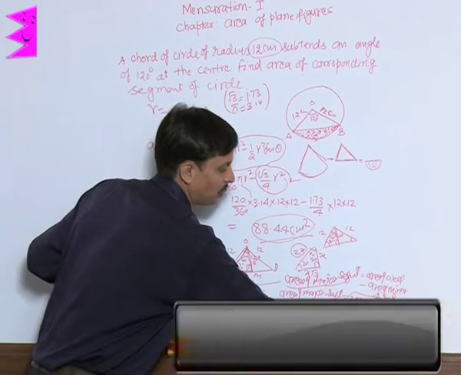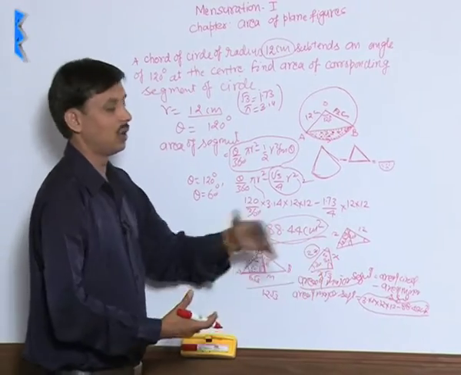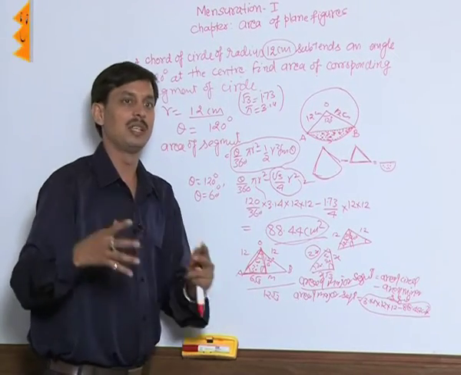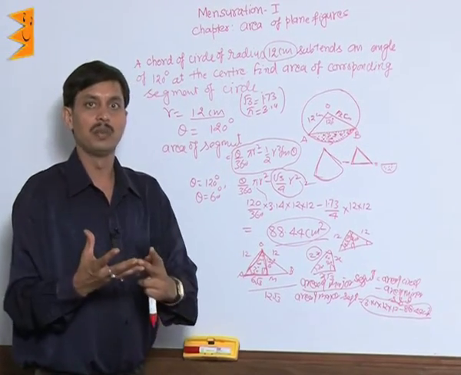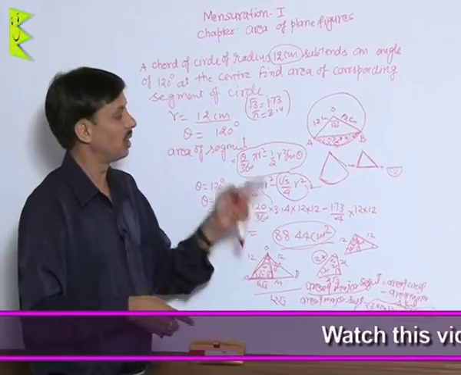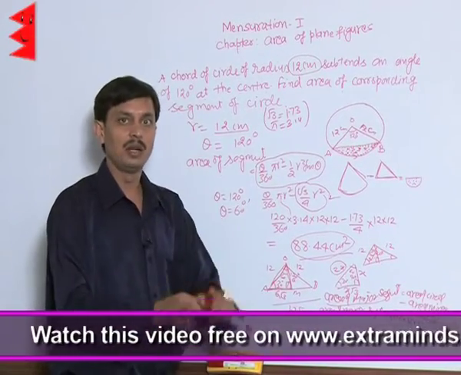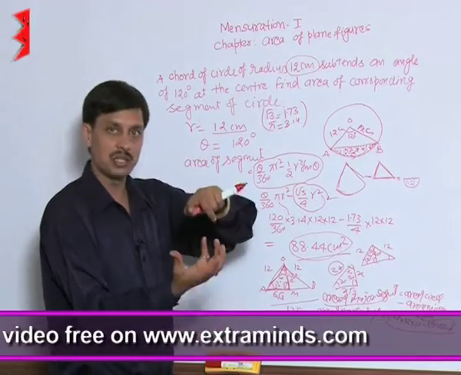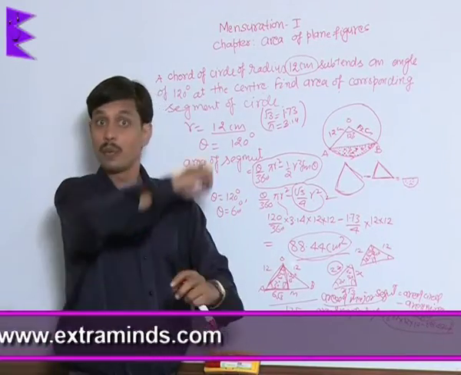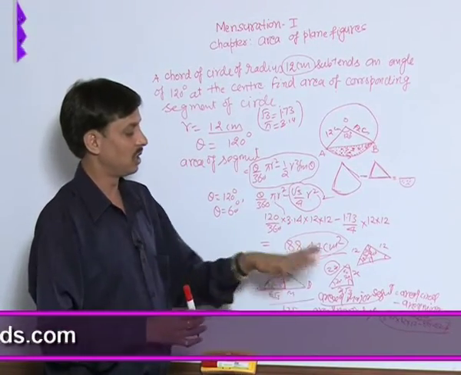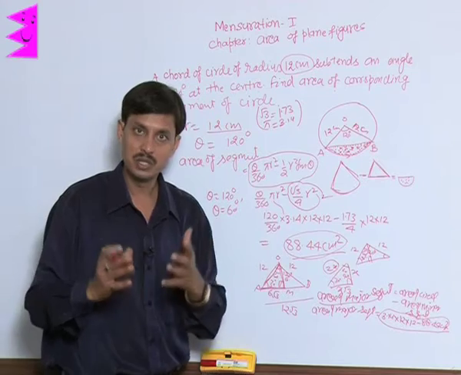With the help of this, we can calculate the area of the major segment also. So whenever the area of the major segment is required, firstly we have to calculate the area of the minor segment using this formula, and when the area of the minor segment is subtracted from the area of the complete circle, it gives us the area of the major segment.